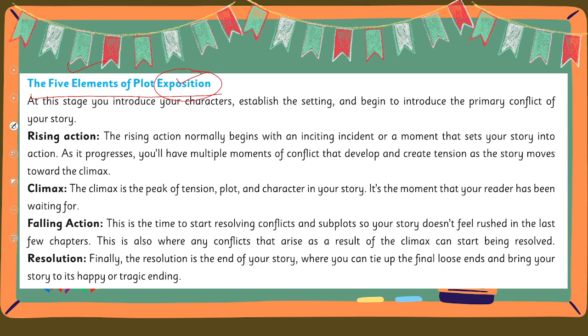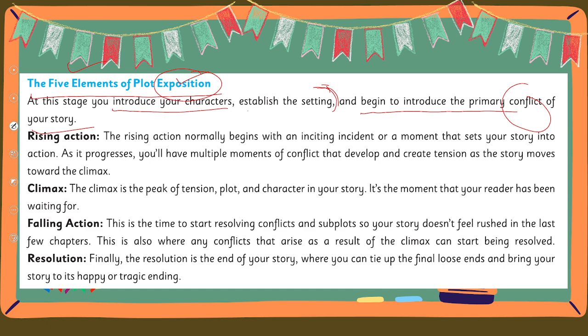At this stage, at the very beginning, you introduce your characters. The main characters, protagonist or antagonist, are introduced. You establish the setting and begin to introduce the primary conflict or problem of your story. So this is the first part. The setting will also be established.